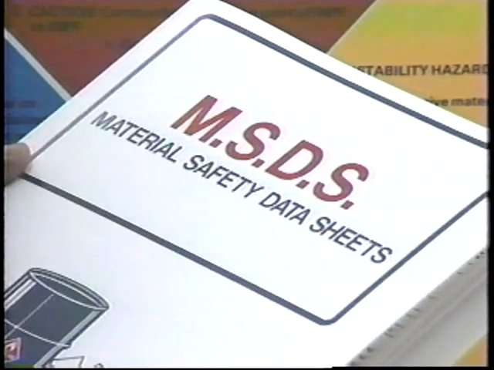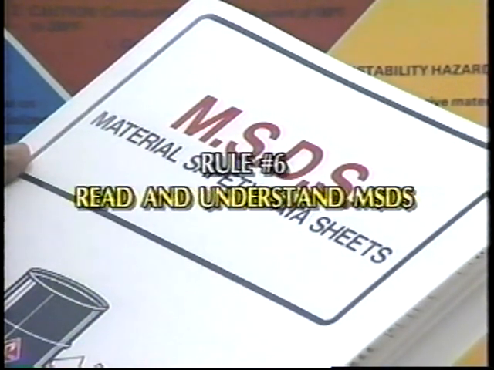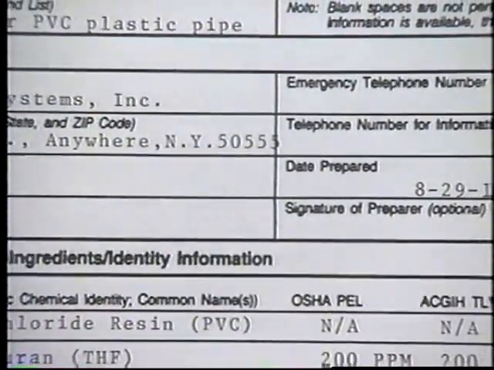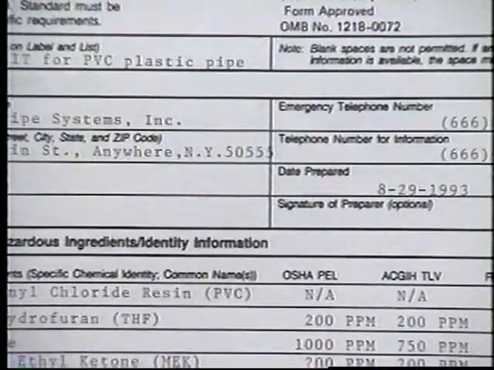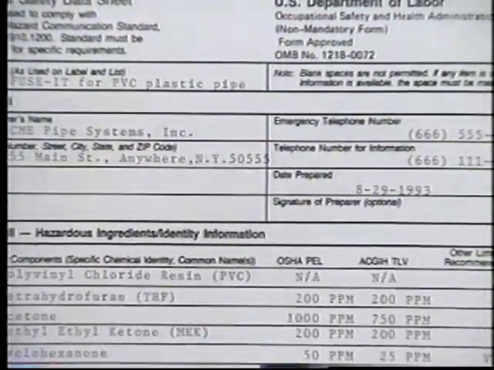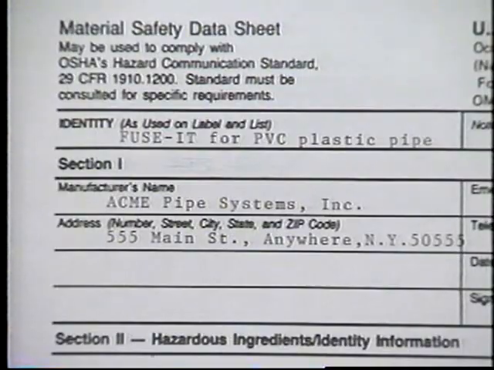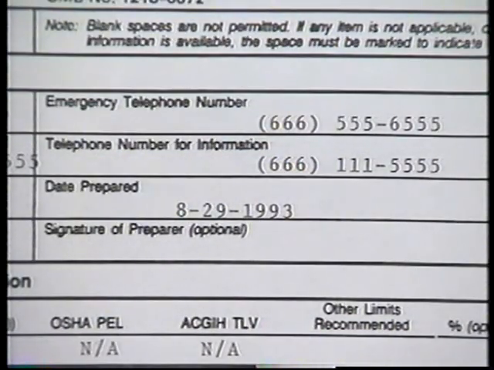When you have identified the hazards at your job site, you must be able to read and understand the material safety data sheet. If you cannot read or do not read English, ask your foreman to explain the hazards to you. Your employer is required to have an MSDS available on site for every hazardous material used or stored on that job site. Section 1 identifies the material, provides the name and address of the manufacturer, and emergency phone numbers.